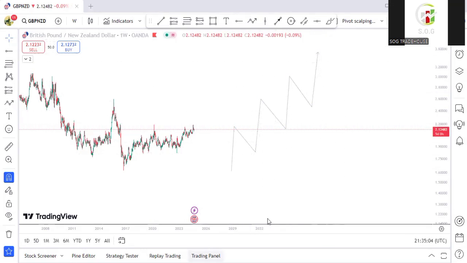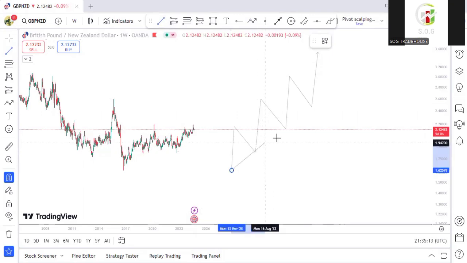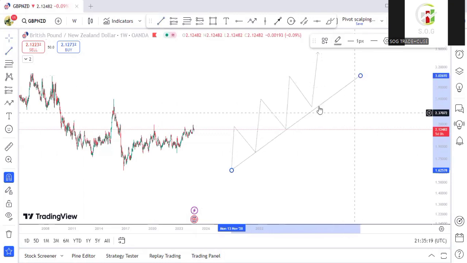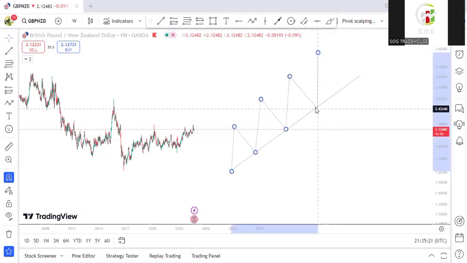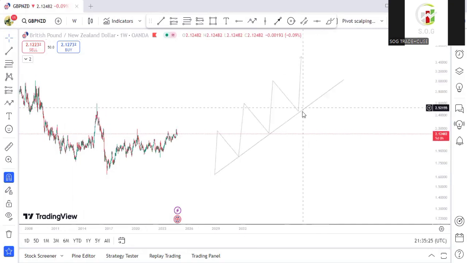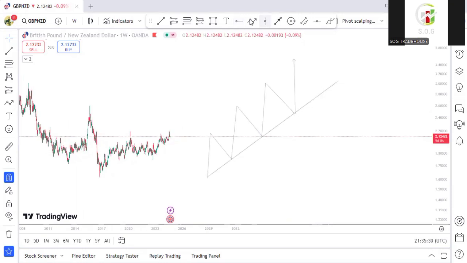So to connect our trend lines, we'll connect our trend lines on the lows. So there's one low, the second low, third, fourth. So this is how the uptrend looks like.